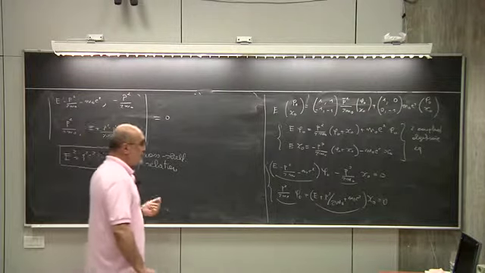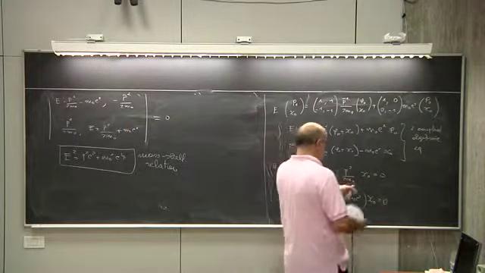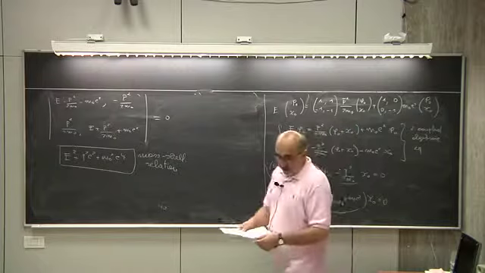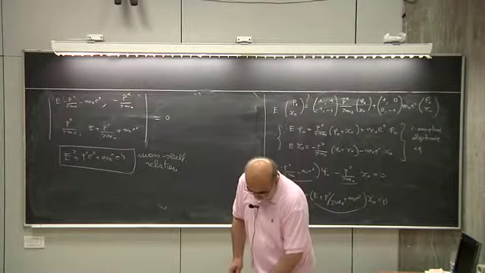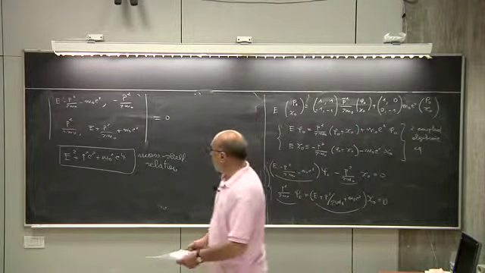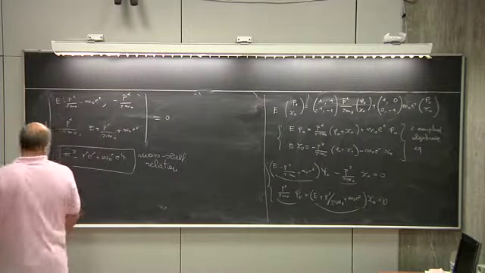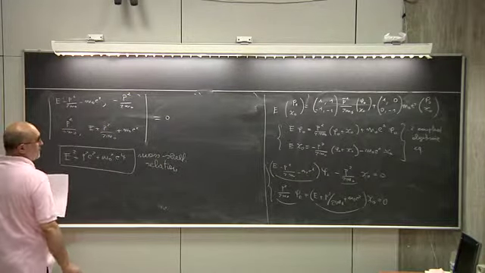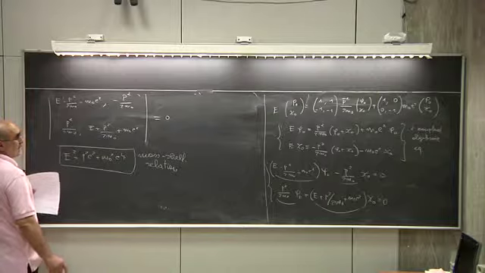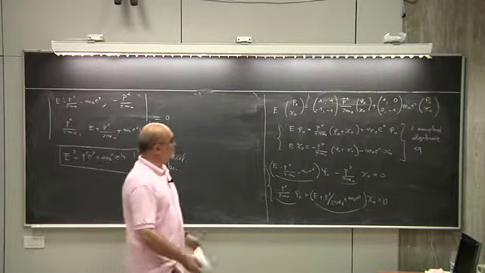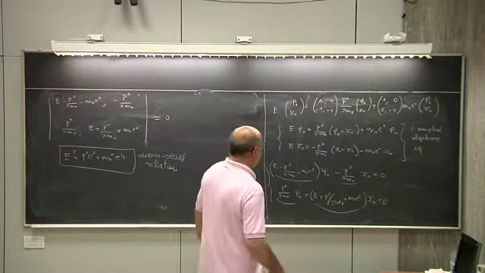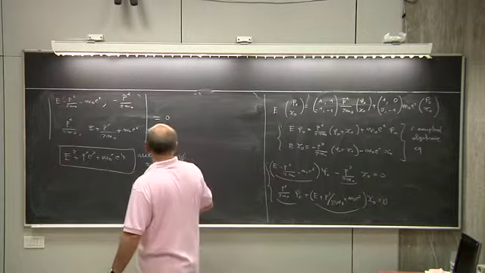Then the next thing is to determine phi 0 and chi 0, because those are the eigenvalue. By the way, here there are two solutions.